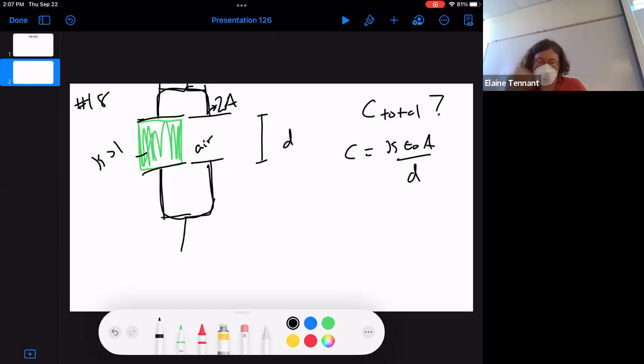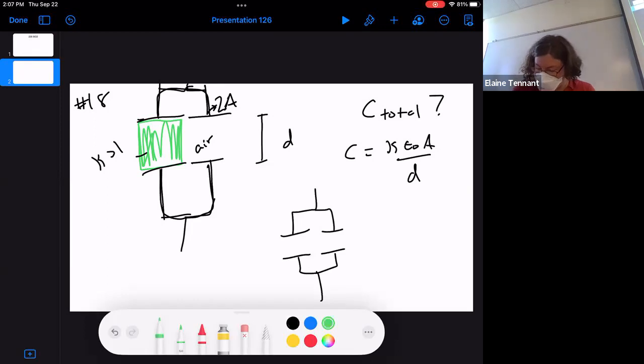Okay. And now looking at this situation, we have these two capacitors. Are they in parallel or are they in series? Parallel. So let's draw this. So we have a situation like this, right?